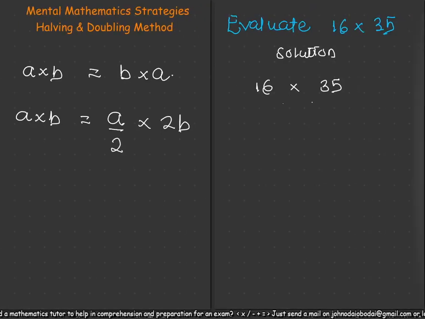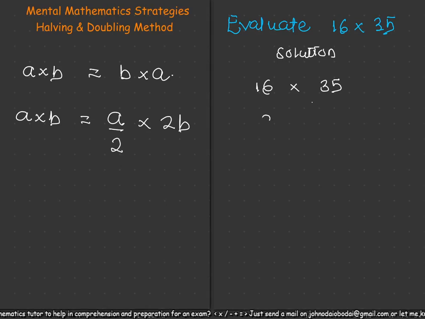These are things we can easily do in our head. So if you want to halve 16, the half of 16 is actually what? 8, right? And then the double of 35, that is 35 times 2, will give us 70, you see? So 70 over here.